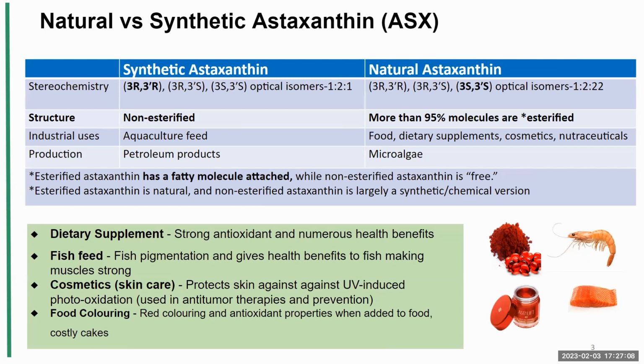In dietary use, these make strong antioxidants and have numerous health benefits. In fish, they produce pigments and make muscles strong. For example, salmon can swim against the stream because they have this astaxanthin, and their muscles are very strong.